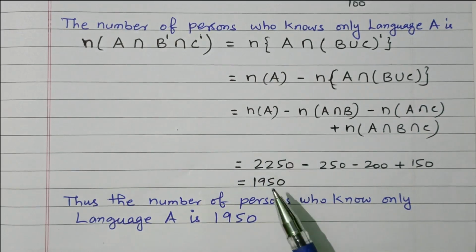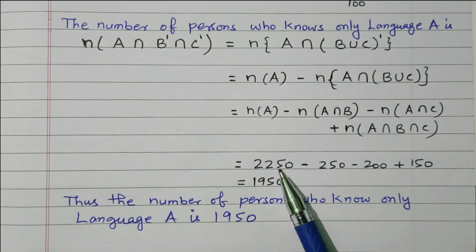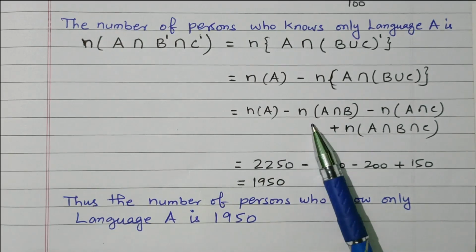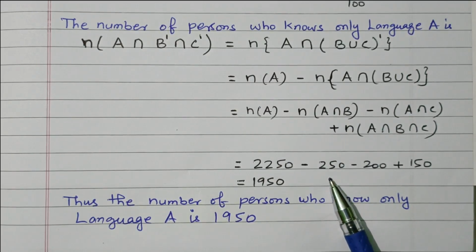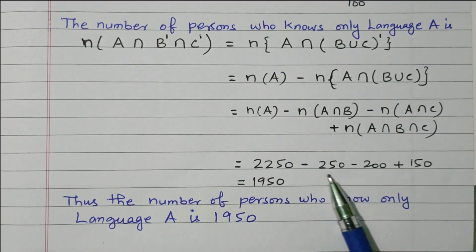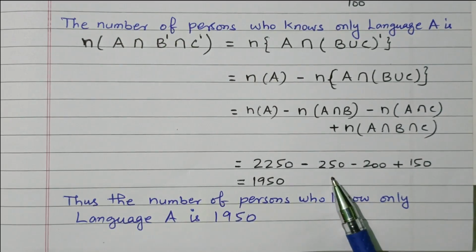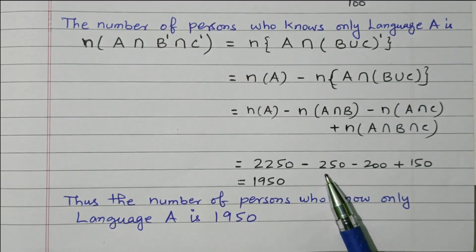So these values are already calculated. N of A, the number of persons who know language A, is 2250, minus n of A intersection B, which is 250. That is the persons who know both language A and B, right? So we need to subtract these 250 persons who know A as well as B, but what we need is only A. So this is subtracted.